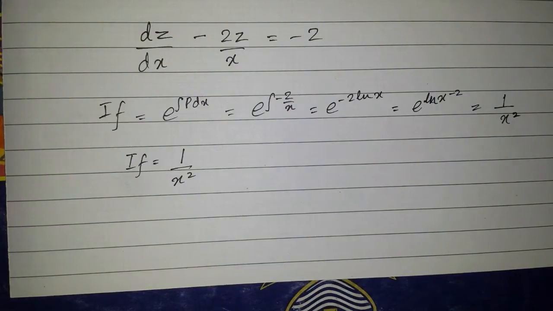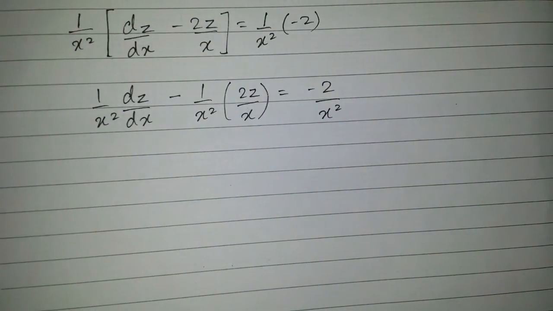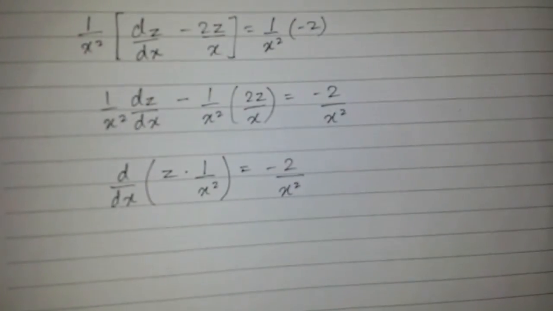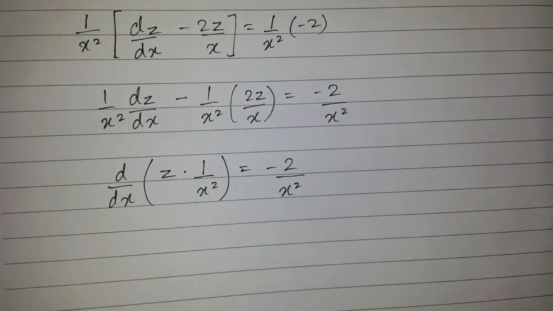Next we will multiply the whole equation with the integrating factor. So it would look like this. And as you have learned in linear differential equations, the left hand side would become the differential of the dependent variable and the integrating factor. In this case it would look like this.